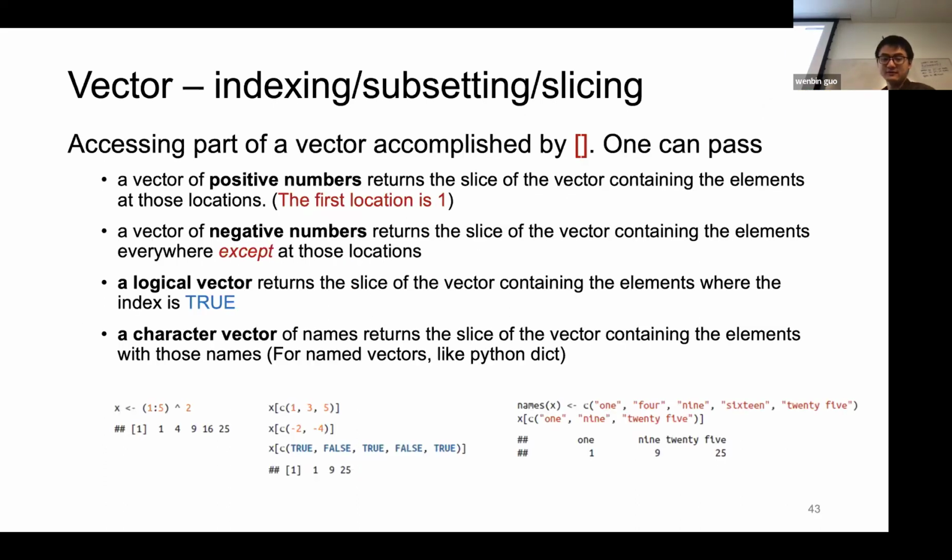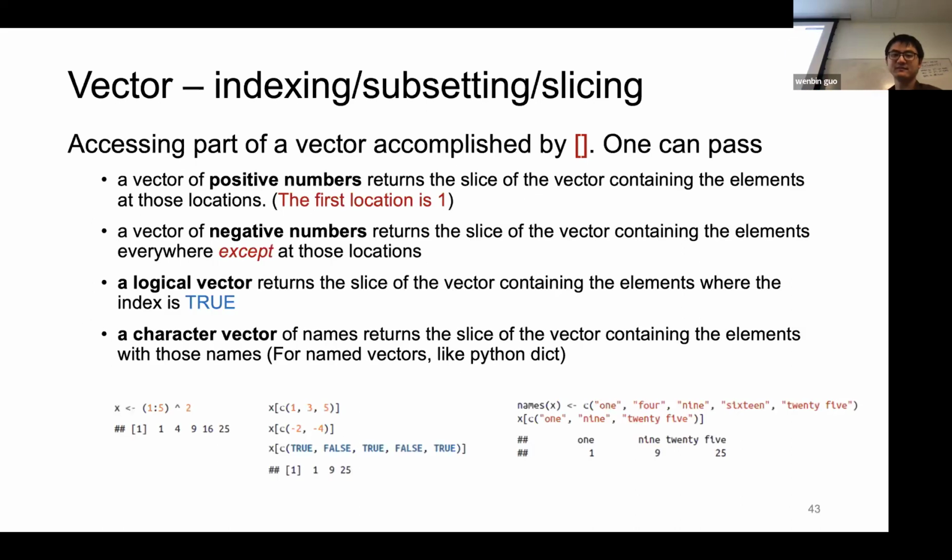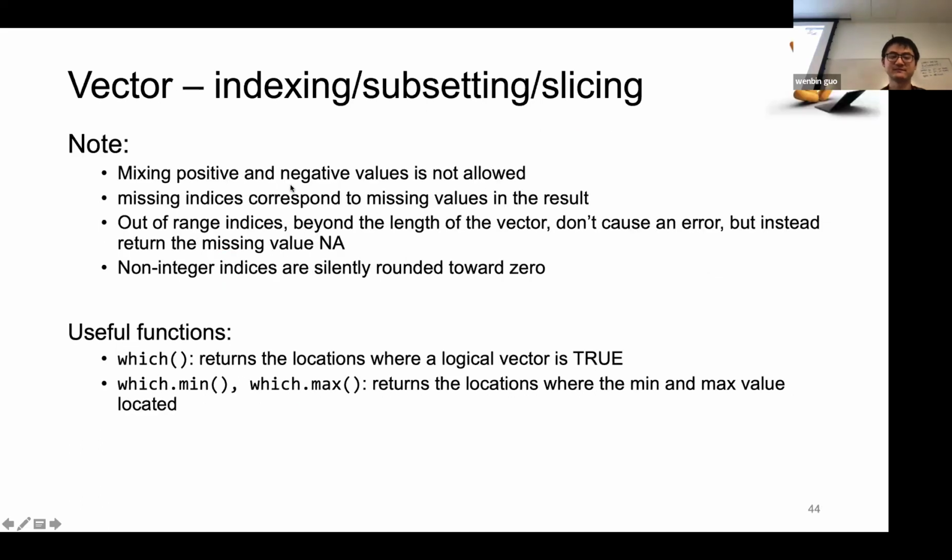Another thing you want to note is that mixing positive and negative values is not allowed. If you run it, you will probably see an error. And the missing indices will correspond to missing values in the results. For example, if you input an NA value among the positive numbers in the index, you will also have an NA value in that position in your results.